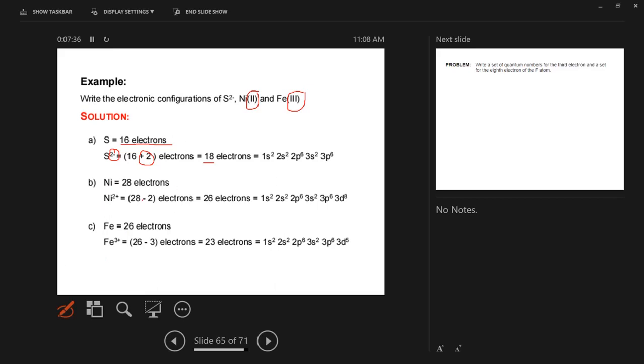And for nickel, it is 28 electrons. Here is positive charge, so it lost 2 electrons. So you need to minus 2, and you get 26 electrons. So you need to fill up all the electrons to get 26. Same goes for iron.